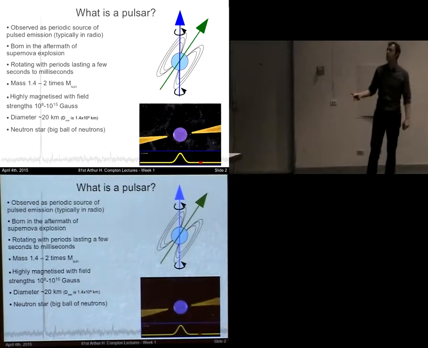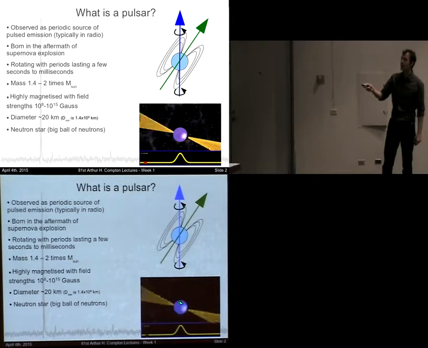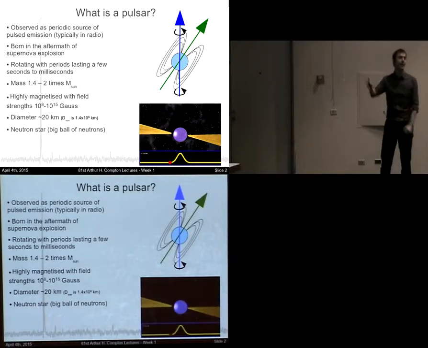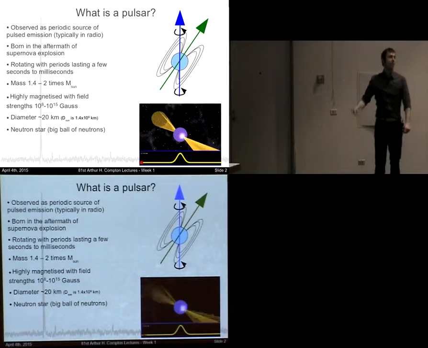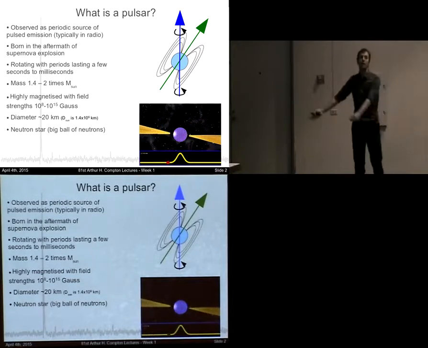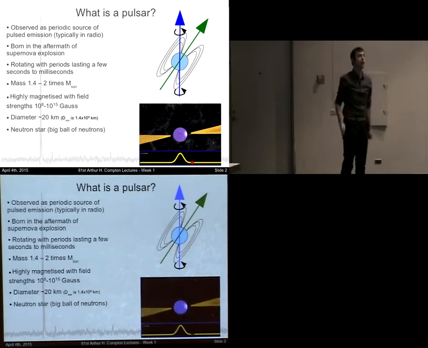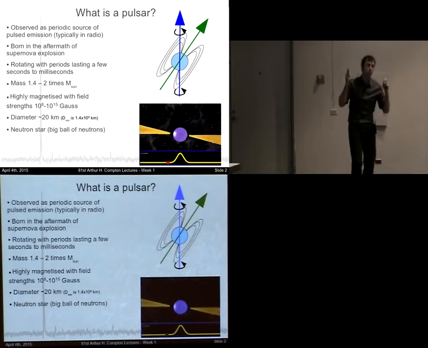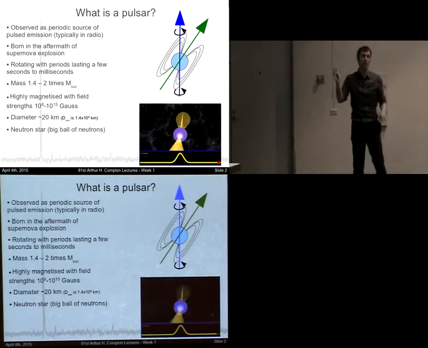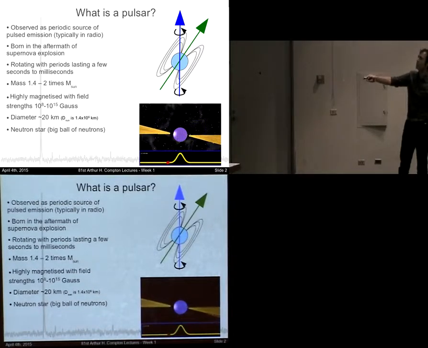This is really what we believe a pulsar looks like, which is a very dense ball that has radiation which comes outwards in a jet-like beam. And because this ball spins around, every now and again this jet-like beam will be pointed at the Earth, and if you happen to be looking at the sky with the right kind of telescope, you will see that flash from that spinning ball. And this is the signal that you would see on your telescope.